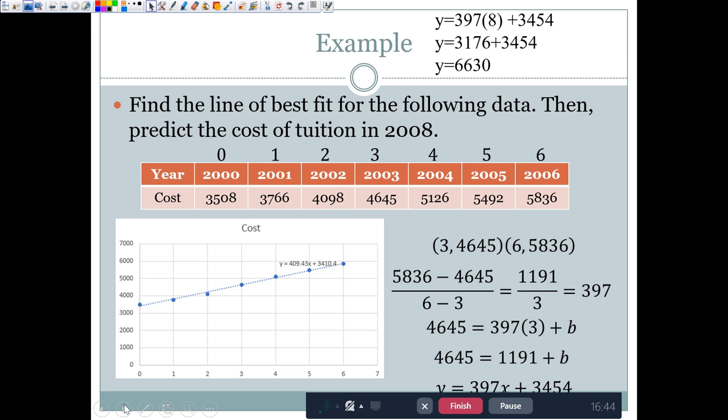And you can see here, if I substituted in 8, I got 6,630, which is similar. So again, it's just something close to. It doesn't have to be exact. So on your homework, if you don't get the exact answer on the one where you have to draw the line of best fit, don't have a panic attack, okay? Because they're going to be slightly different. So that was just to show you guys that.